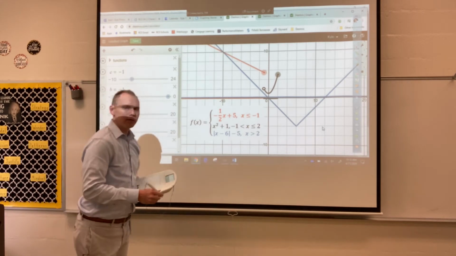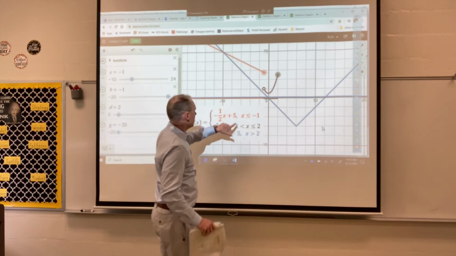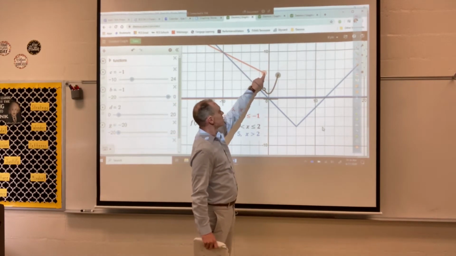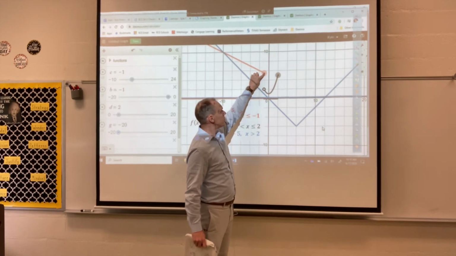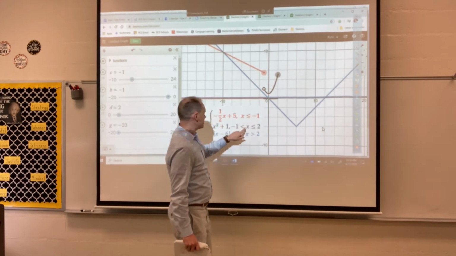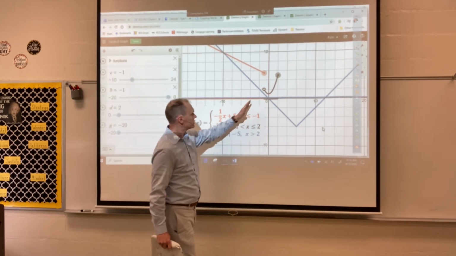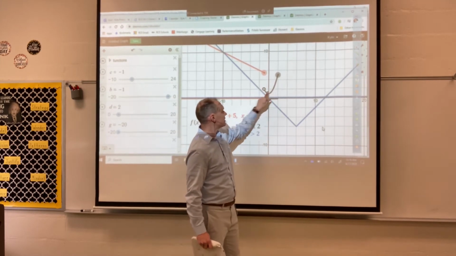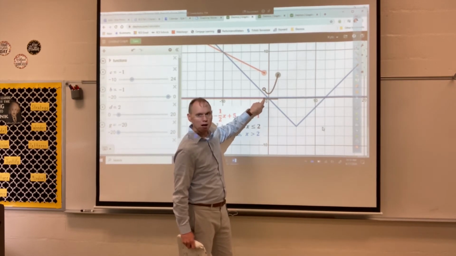And let me explain the points here, or the dots. Because this one was less than or equal to -1, at -1 the point is here. Whereas the quadratic was greater than -1. So x is greater than -1. So starting at -1, but not including -1. Because at -1, again, we can only have one output value.